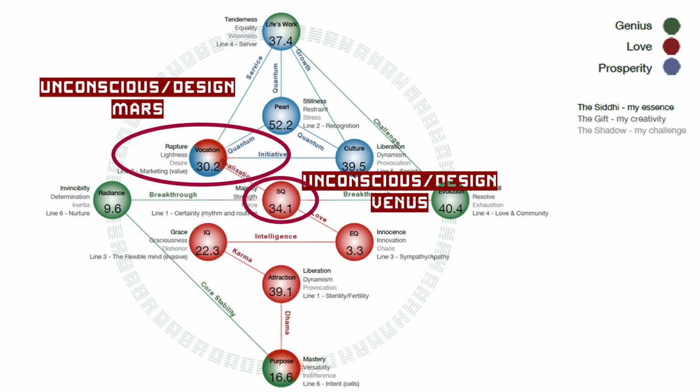So there's a shadow as well of this love sequence, and we can see that Marcus's shadow is force. But he can also transcend the force to reach majesty, and that is how he loves. He loves with majesty. So it shows how you can be most fulfilled in love when you reach the Siddhi level. And this corresponds with your unconscious or design Venus.